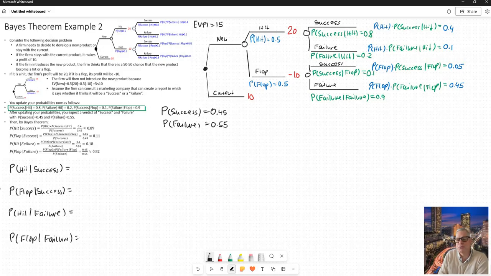Initially you thought it is 0.5. The point here is if they come back to you and tell you it's a success, the probability of hit should go up. But what is that probability? Well, now we can use Bayes' theorem. This is the probability of hit times the probability of success given hit, over the probability of success.